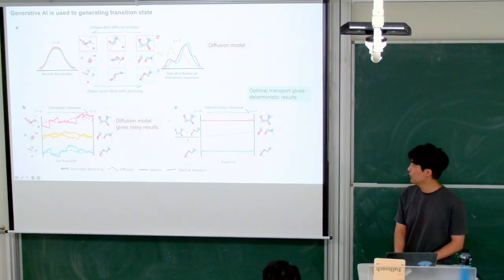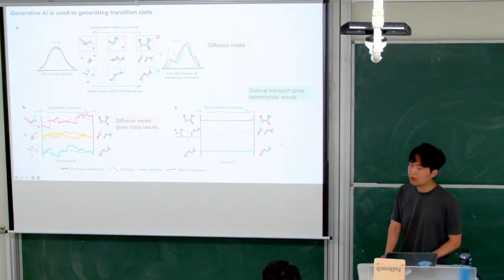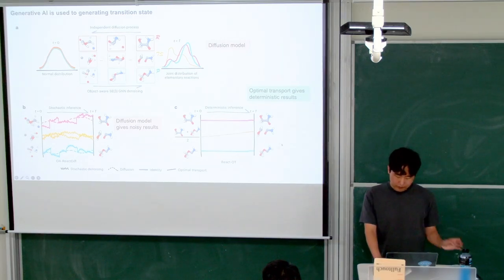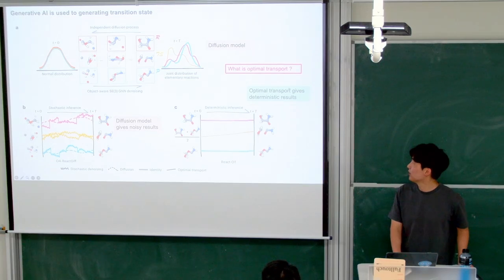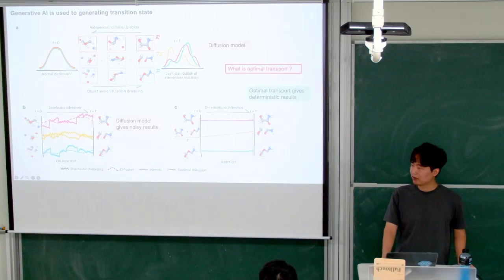So as a new input here, we obtain the transition state. This is the basic philosophy of this paper. In order to do this, we should learn some deterministic inference here, and this comes from optimal transport. So naturally, we have to learn some optimal transport.